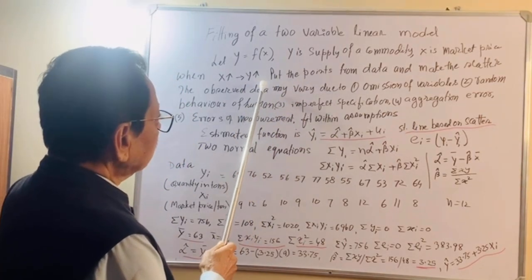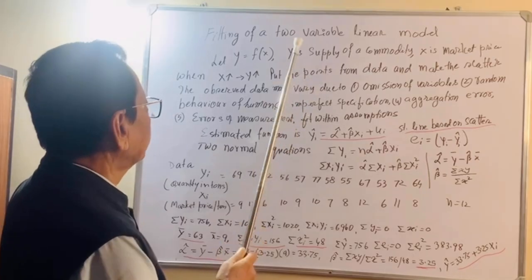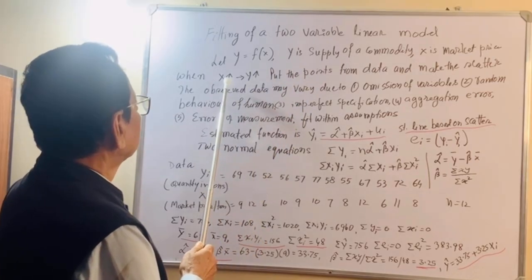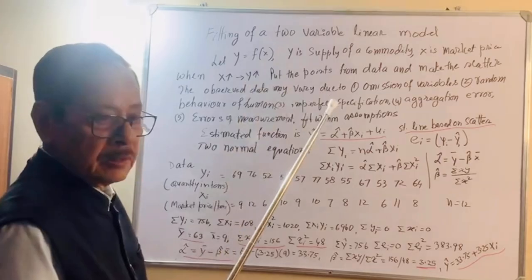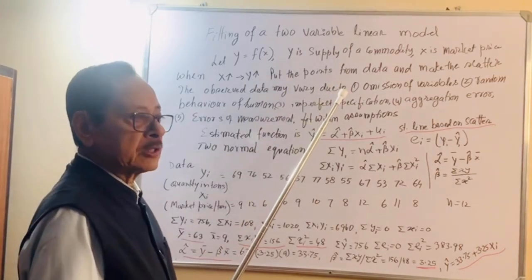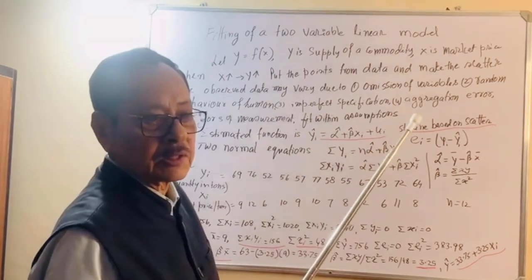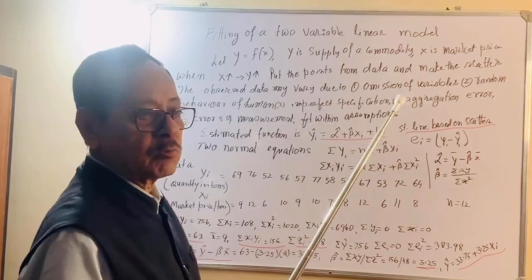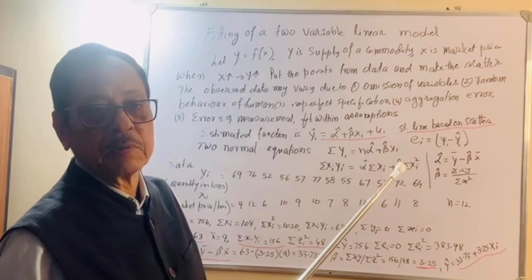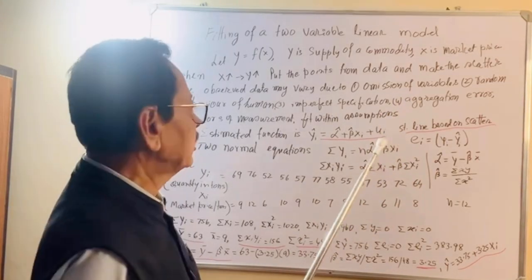So if we put the points, that means the pairs, suppose x1 is this much, y1 is this much, then x2 is this much, y2 is this much, and so on, up to n number of observations.